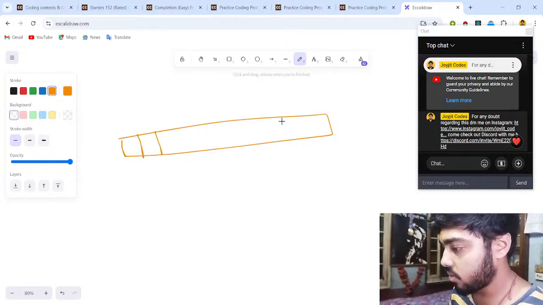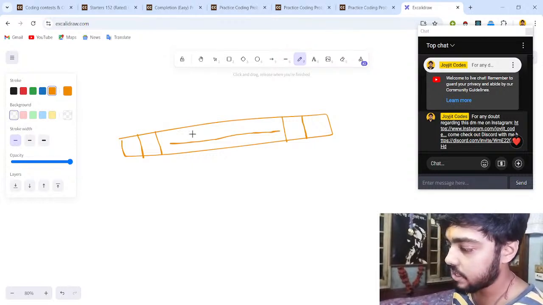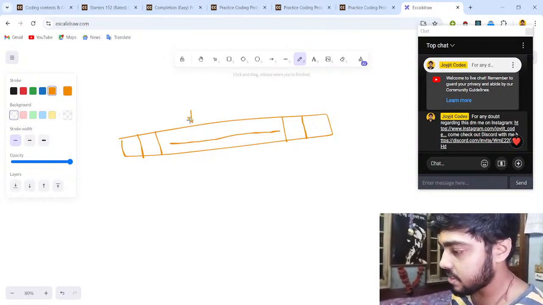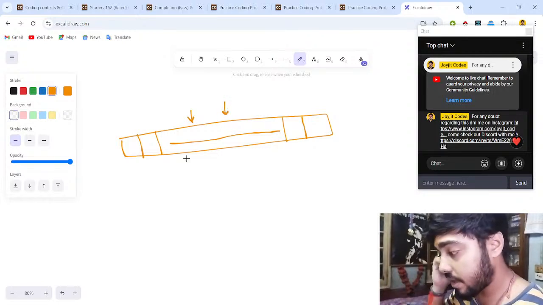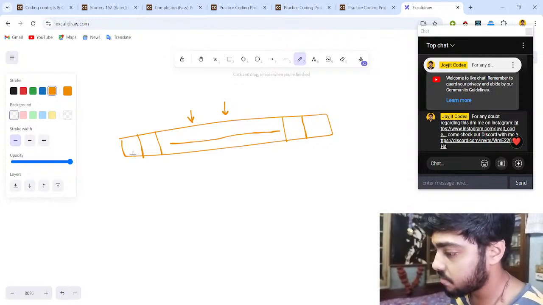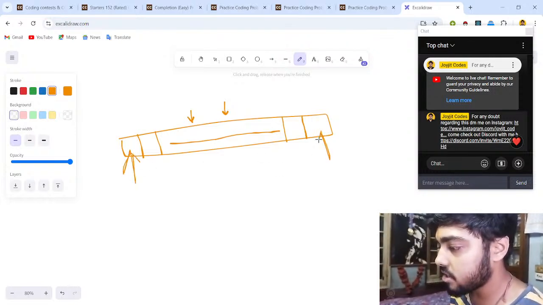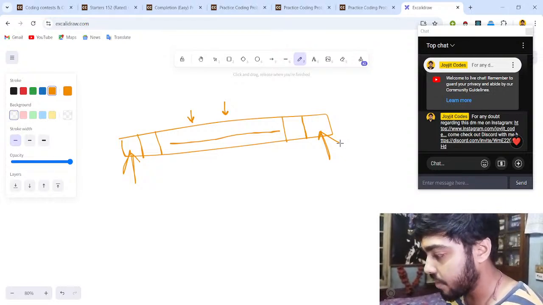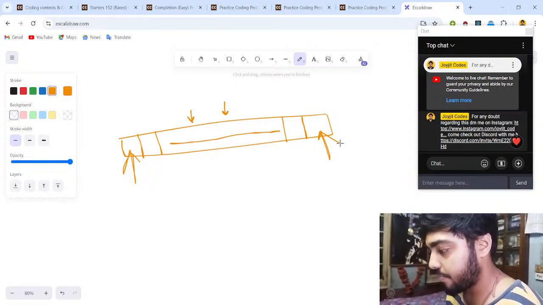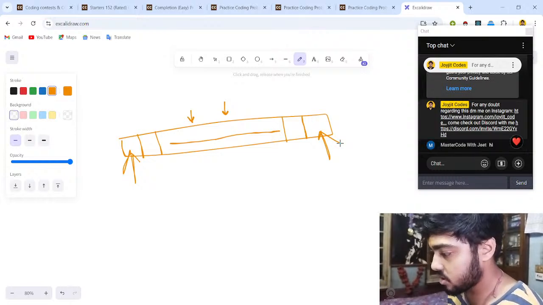Let's say the array is sorted. If you delete this element and this element, it doesn't have any impact on the range, because the range remains the same. The lowest will be over here and the highest will be over here, and the range is basically the highest minus the lowest.